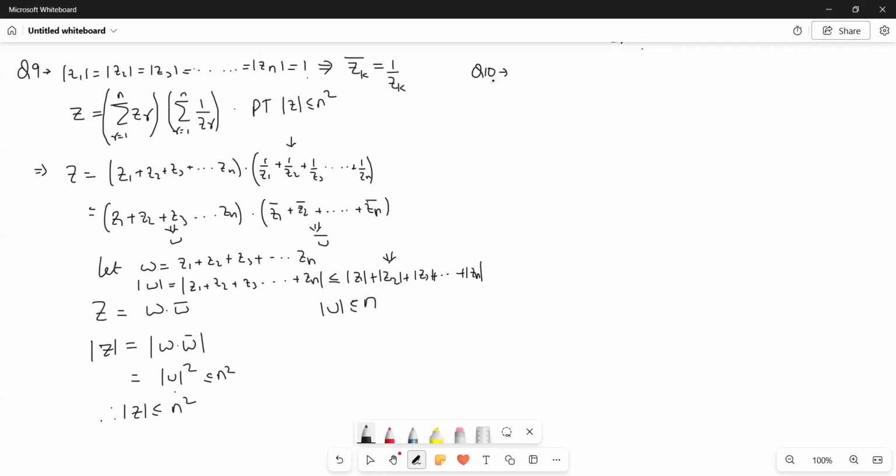Okay, next question number 10. So let's say mod alpha is equal to 1 and the equation alpha z square plus z plus 1 is equal to 0 has purely imaginary root.